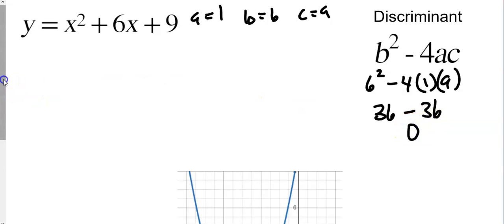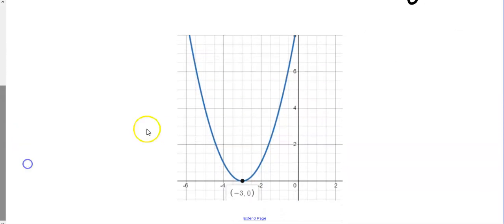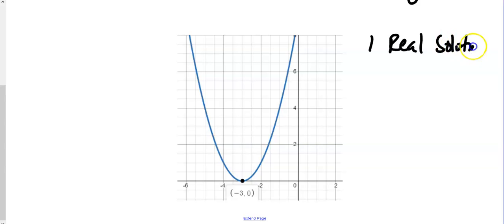So when you look at the graph, it hits the x-axis and bounces. So there is one real solution. And that's referred to as a double root. That's from the perfect trinomial. Double is twice, so you still have two solutions technically, but it's one real solution.